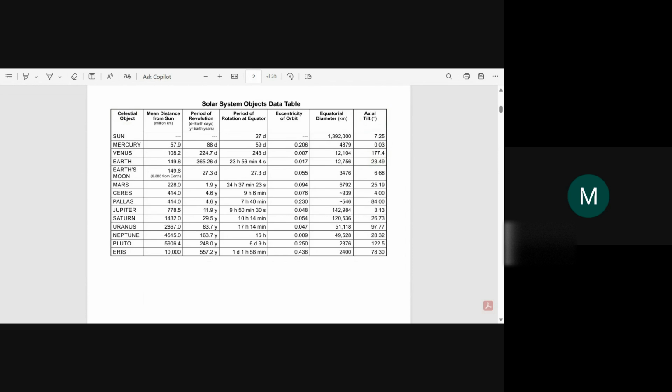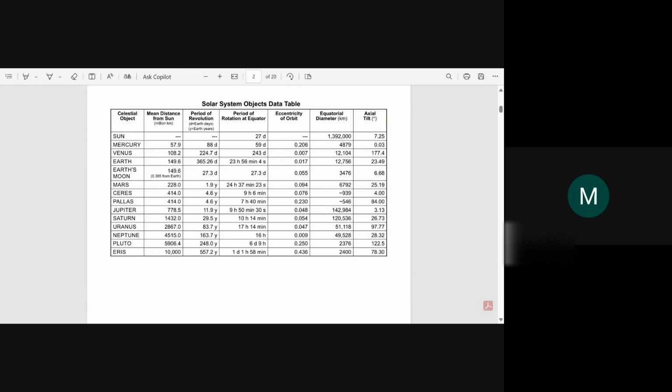Now here, these are your dwarf planets, Ceres and Pallas. So they're not quite the size of the other planets, but they're fairly large.